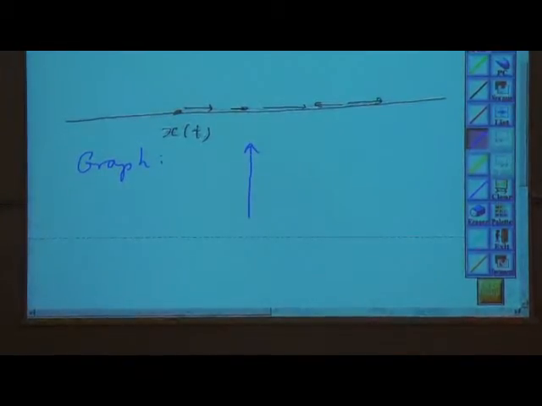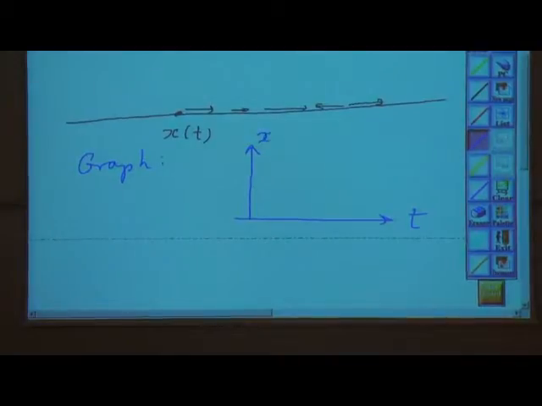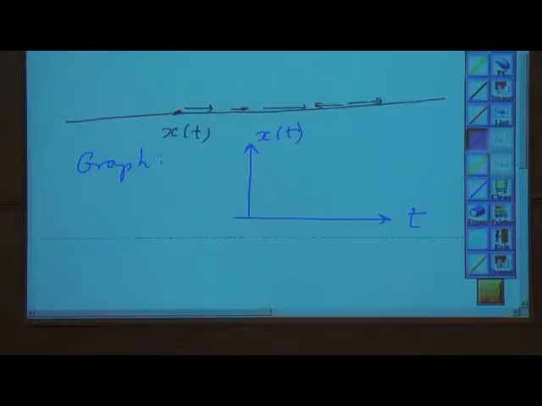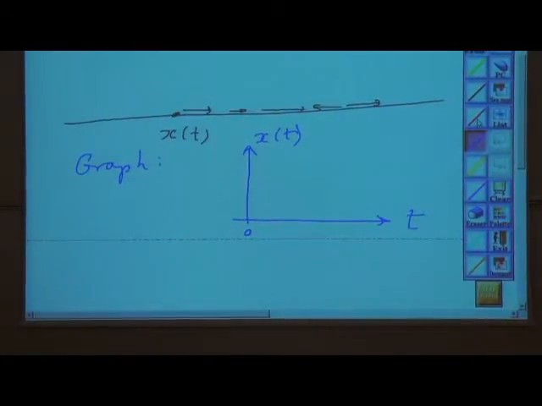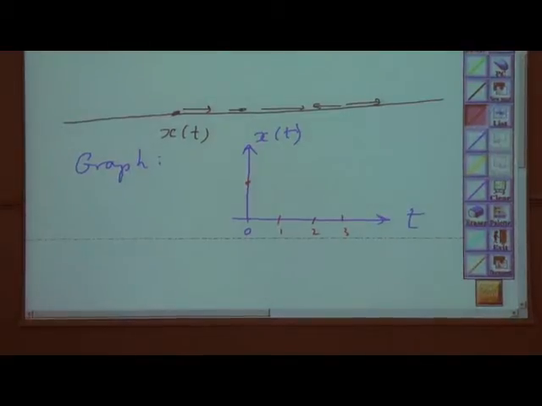We want to understand how x varies with time. So we put time on one axis, and x as a function of time on the other axis. And we keep making our measurements. At t equals 0, let's say, our particle is here. At t equals 1, the particle is here.